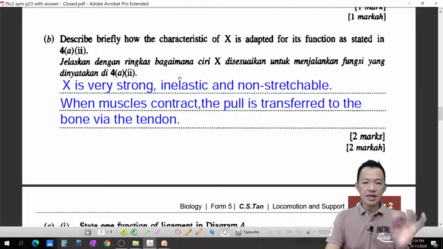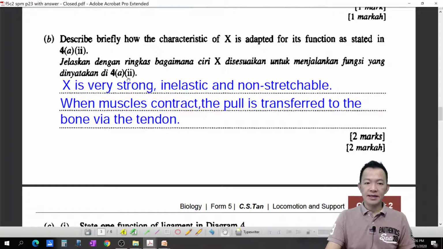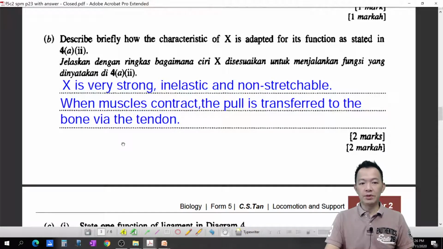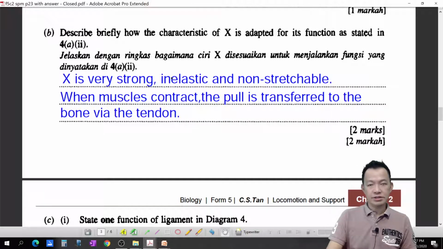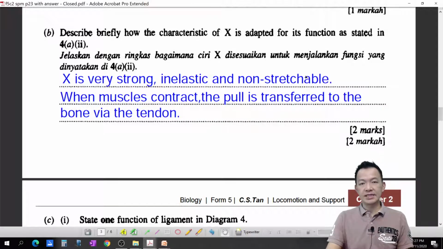X is very strong, inelastic and non-stretchable, 拉不得. When the muscle contracts, the pull is transferred to the bones with the tendons. So the characteristic will be strong, inelastic or non-stretchable. When the muscle contracts, the pulling force is transferred to the bone with the tendon.